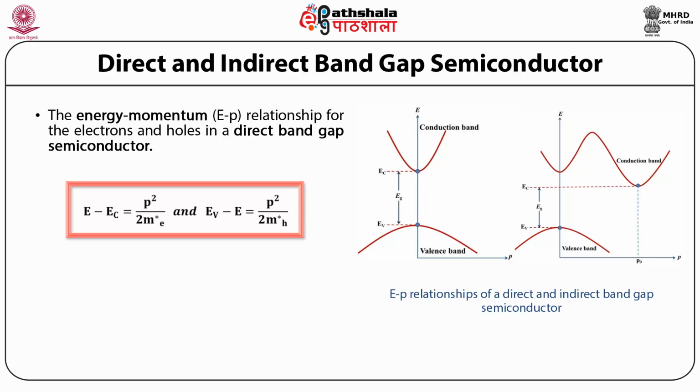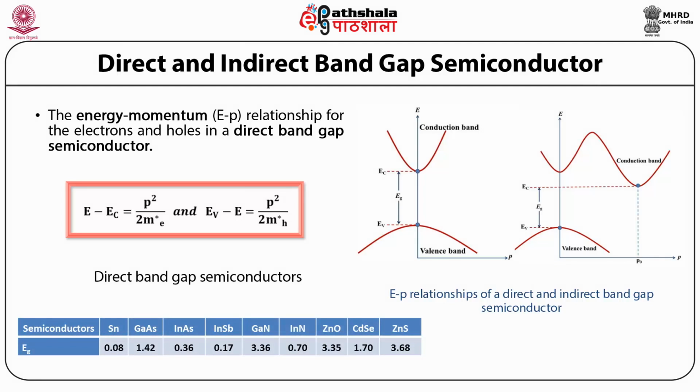So this is a direct bandgap semiconductor, and its energy and momentum relationship is shown on the left hand side of the figure. The energy and momentum relationship for the indirect bandgap semiconductor is also discussed. Before that, as you can see from this table, it shows various materials which have the direct bandgap.